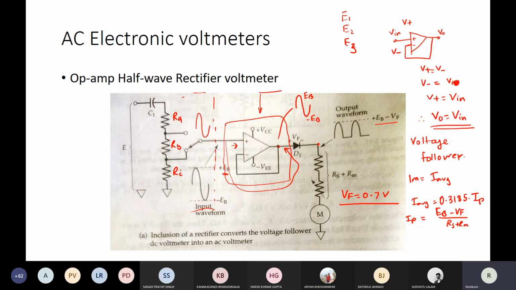It may be 0.71 or 0.75, maybe 0.6 also. So in the calculation we are taking this as 0.7, but if in practice this is not 0.7, our entire calibration will go wrong. Am I right? Yes sir, there will be some error. How to avoid this error?